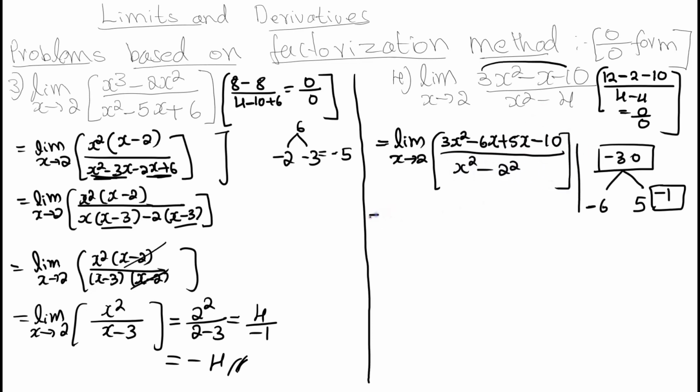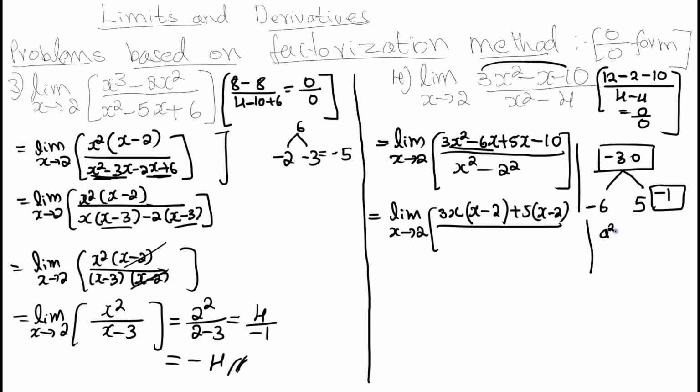In the next step, it's equal to limit x tending to 2. Take common terms outside. Here 3x square is there, here 6x is there, so that I can keep 3x outside. So the remaining term is x minus 2. Here plus 5 into x minus 2, divided by x square minus 2 square.